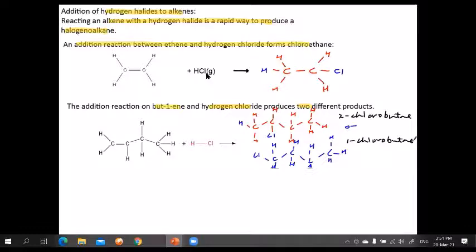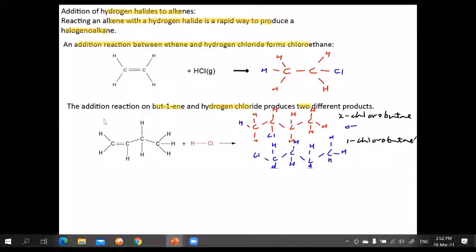You should know the word halide by now, okay? Now, the problem with this, when we do this addition reaction on a larger unsymmetrical alkene, is that this one happens to be symmetrical, so it comes out pretty straightforward, with the H going to one side and the Cl to the other side.